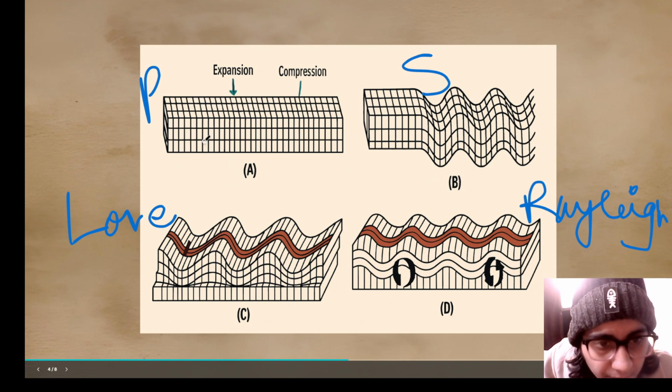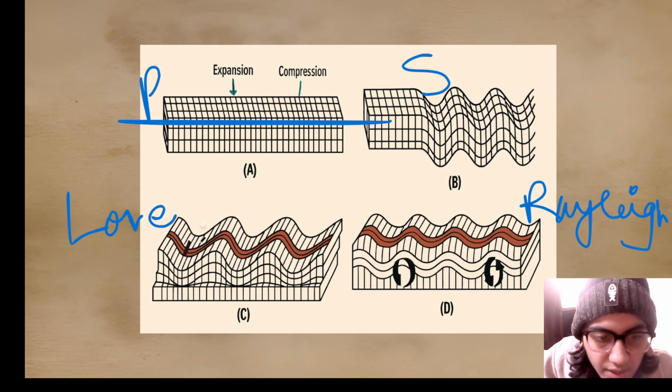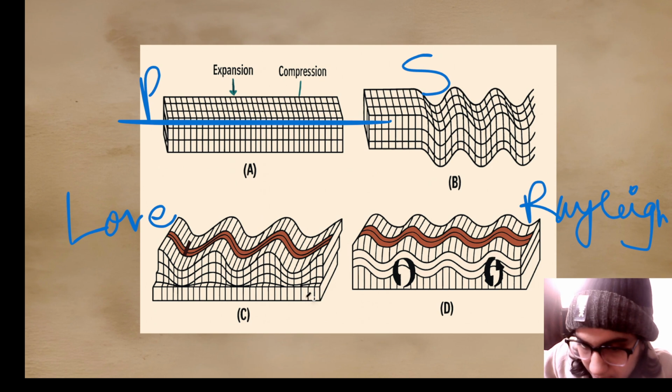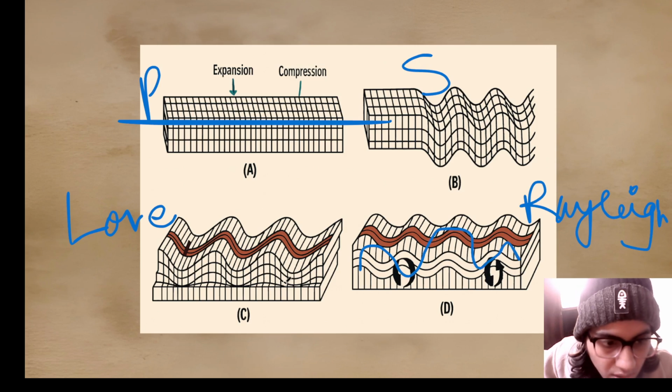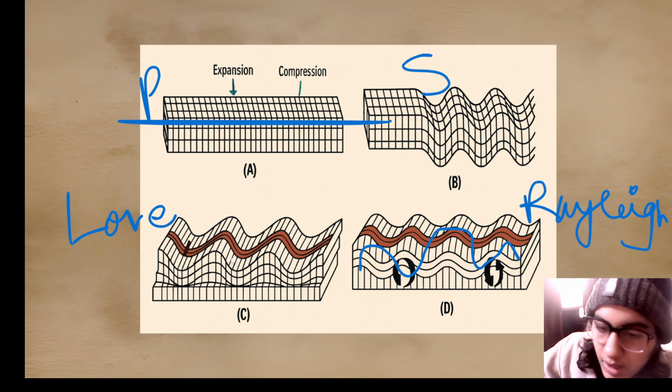As you can see, P waves travel very fast, so they don't have these curves, it's straight. S waves have little curves, then we have love waves, and then Rayleigh waves, which have these full curves. The most curves we can see is in the Rayleigh waves.